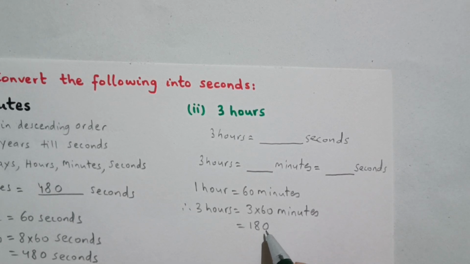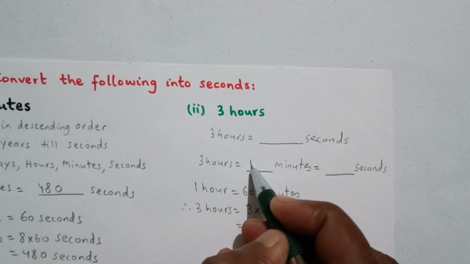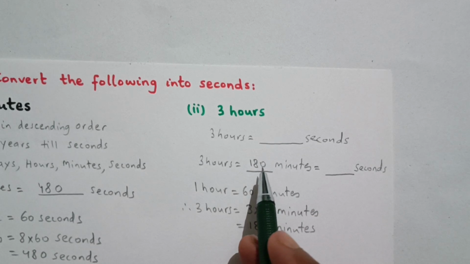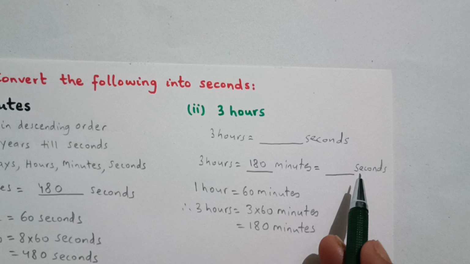So 180. So 3 hours is 180 minutes. And now these minutes have to be converted into seconds.